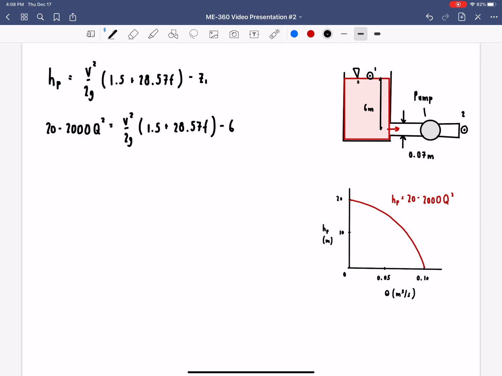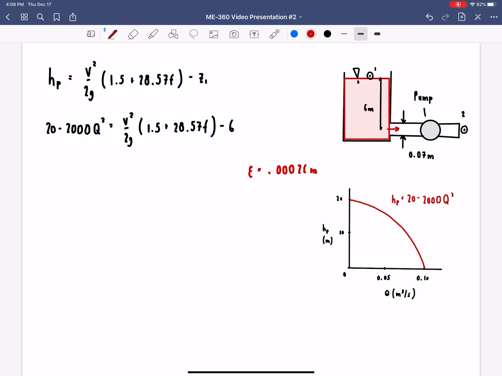Okay, and here is where I'm actually going to plug in for our friction factor. So we know, I'll put this in red here, that our equivalent roughness from, I believe it was table 8.1 for cast iron is equal to 0.00026 meters.